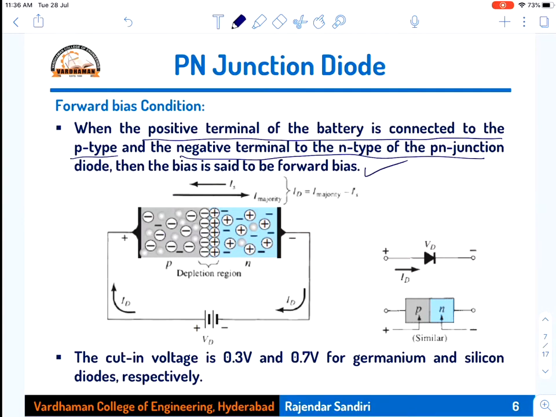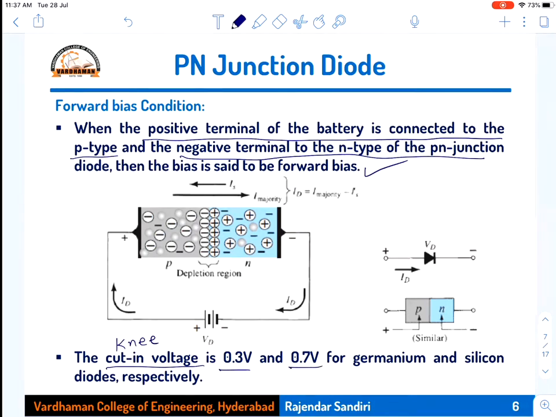And to overcome that barrier potential which was already created, how much extra voltage do I have to apply across the junction? We call that the cut-in voltage, or it is also called knee voltage. Knee voltage is 0.3 volts for germanium, 0.7 volts for silicon.